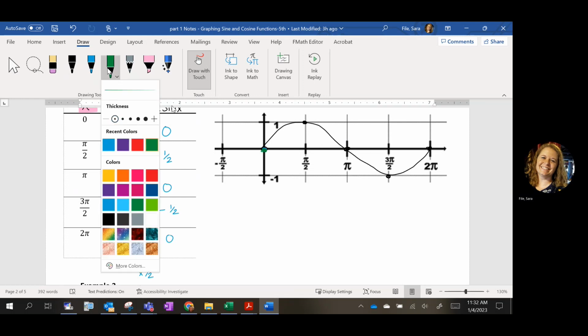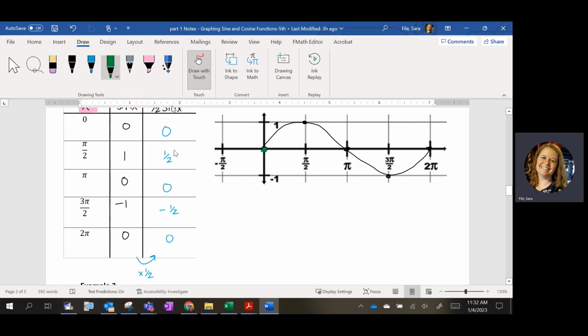Pi halves, 1/2, so it only goes up to here. Pi, 0, 3 pi halves, -1/2, and 2 pi, 0. So there's my new function.